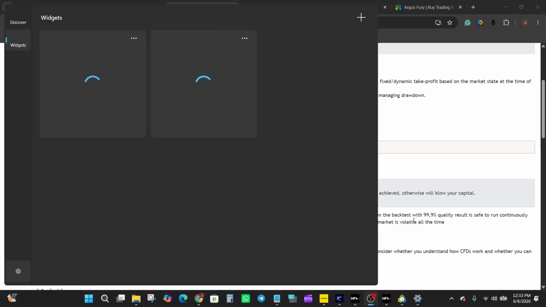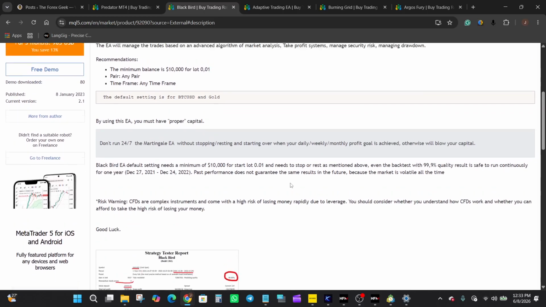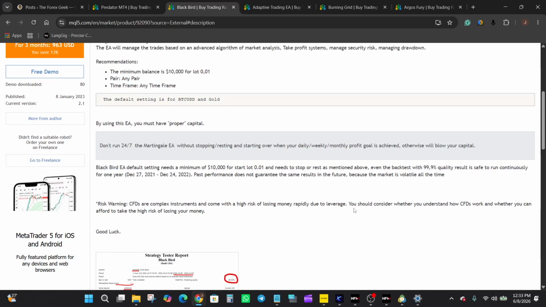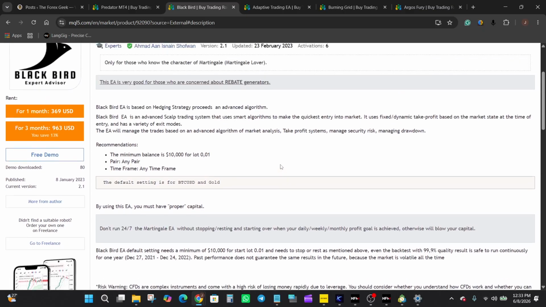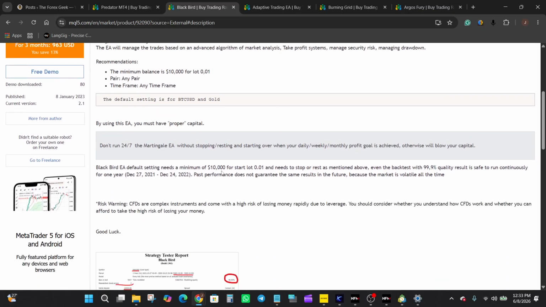Moving into the settings section, there is a strong focus on risk and exposure control, and you can see parameters related to lot sizing, drawdown handling, and trade management logic.